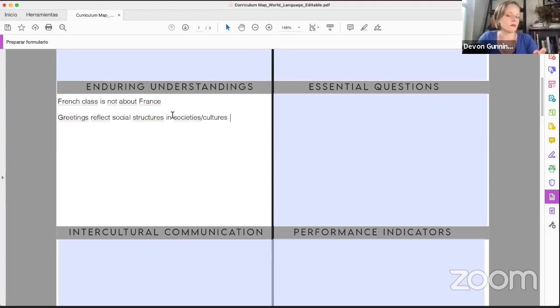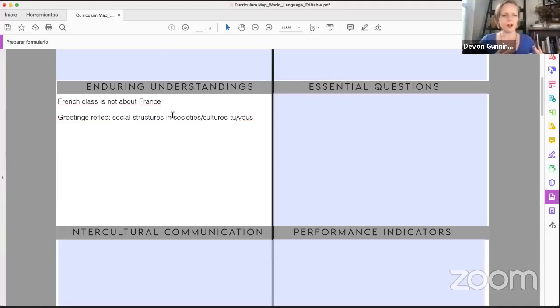So compare this with what usually happens where you have your very first unit of French 1, where they're learning les salutations, and they're thinking about la bise and les différences sociales entre les salutations. And they're figuring out that people say hi differently in different cultures. You can bump that up a little bit with the whole difference between tutoyer and vouvoyer, like tu and vous. That whole thing doesn't exist in American culture, right?